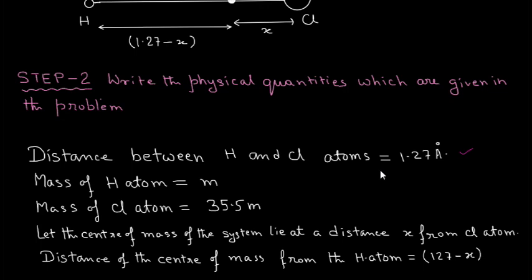So mass of the hydrogen atom, say it is m. Mass of the chlorine atom is 35.5 times m. It is also given in the question. Let the center of mass of the system be at a distance x from chlorine atom. It is in the figure, and distance of the center of mass from hydrogen atom is 1.27 minus x.